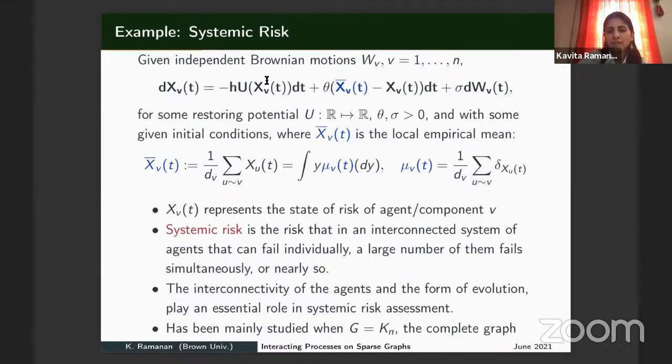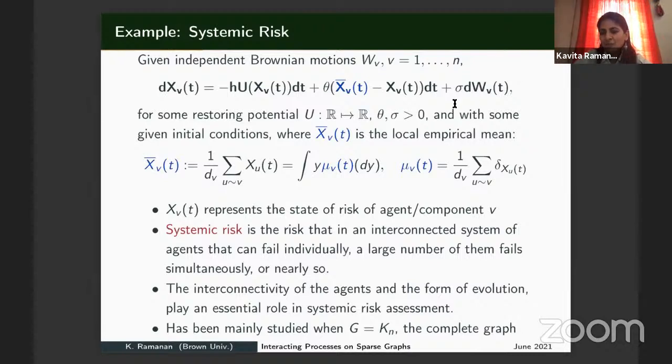That risk evolves according to some restoring potential, which is some function U, and some H is some value. Then it has some theta, which is mean reverting, but only to the local mean, the local empirical mean here. And then you have some noise.